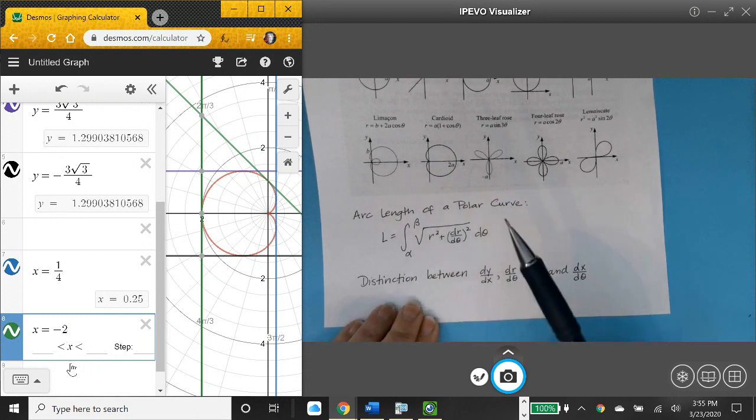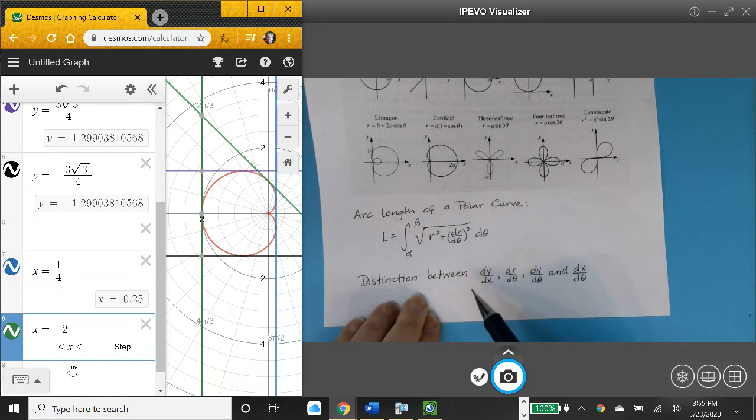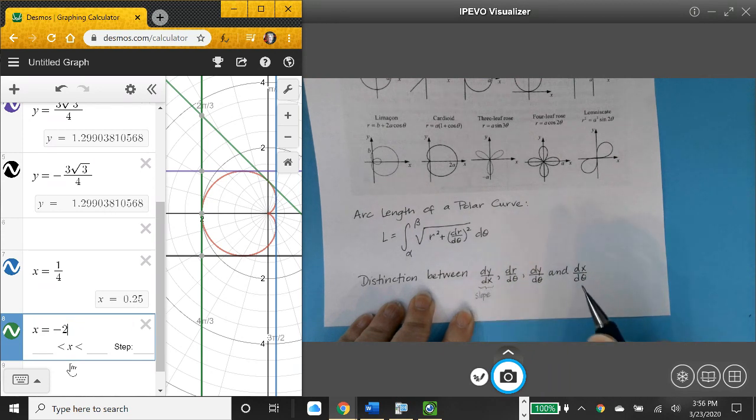And then one last thing I want to make a distinction between. dy dx is the rate of change of y with respect to x, which is always the slope. This is always the slope, regardless if it's a rectangularly defined curve, a parametrically defined curve, a vector defined curve, or a polar defined curve, the slope is always dy dx.